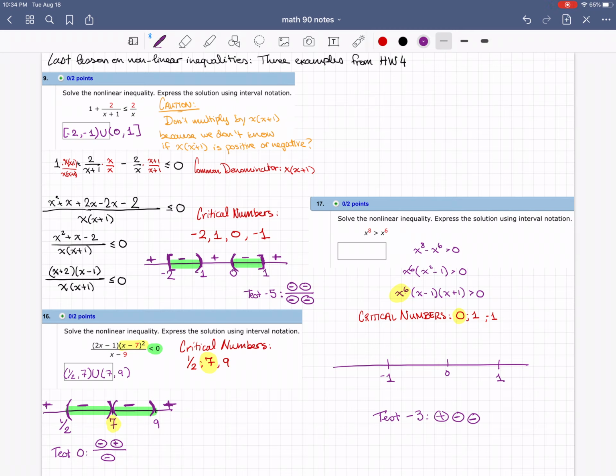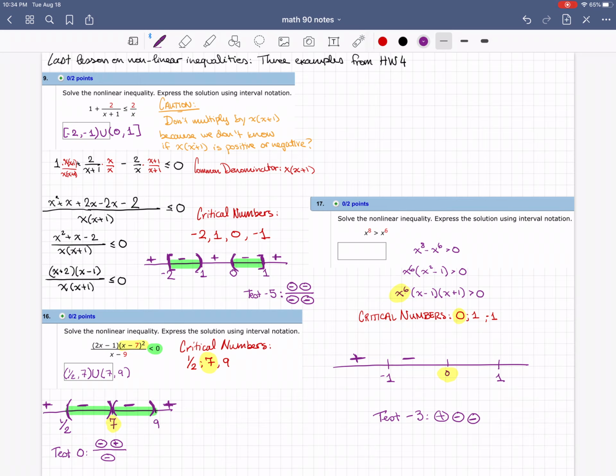Now look, 0 came from a non-negative factor. So there will not be a change of sign around the 0, but there will be a change of sign around everything else. So we have a positive to the left of negative 1. We will have a change in sign as we pass through negative 1, so this changes to negative.